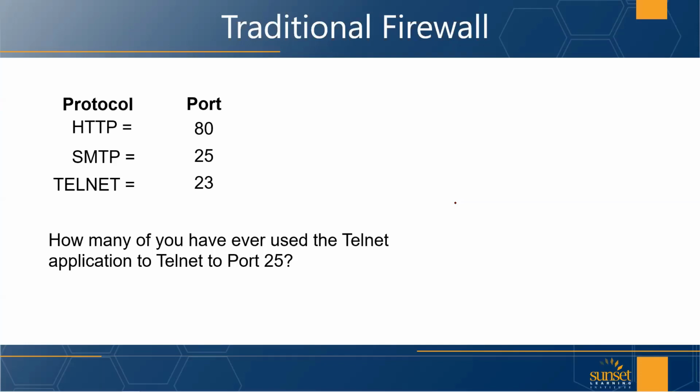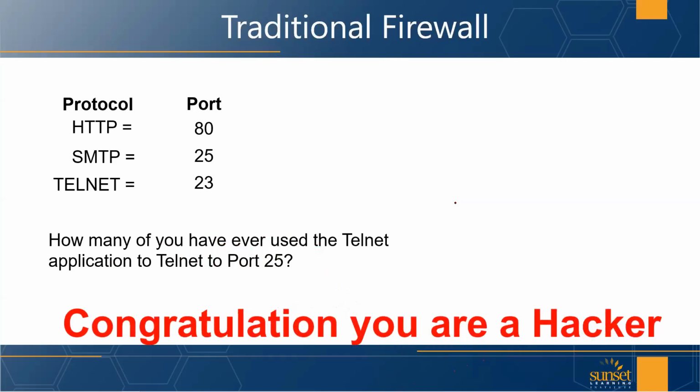Well, if I've done that, I've used Telnet, which is an application embedded in my SMTP connection. Well, what is it? Congratulations, right? I'm a hacker, because we've actually used another program to be a Trojan horse inside a program to get connectivity. So how does a traditional firewall deal with it? They really don't care. They're just like, am I allowing port 25? Yeah. From this IP address? Okay. I'm not looking at what's inside of it.